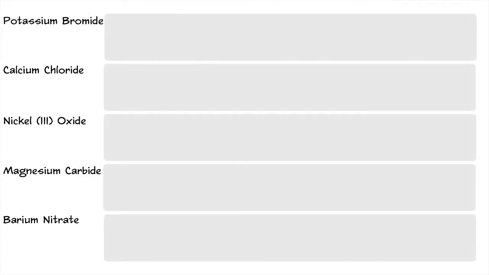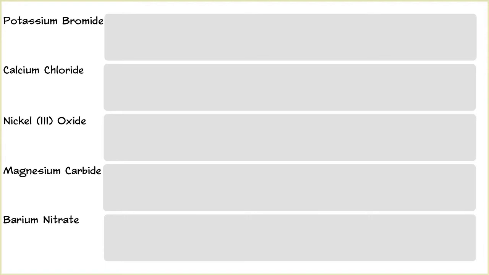Okay, well, here are some other problems. This is an example of taking the name and putting down the chemical formula. For the first example, we've got potassium and bromine. For the potassium, that's a piece of cake. Potassium is in the +1 column, so we write +1. For the bromide, it's going to be just bromine and nothing but the bromine, because it's got that suffix IDE, and that is a -1.